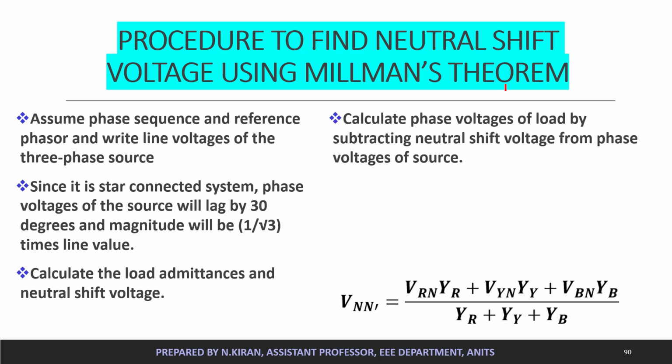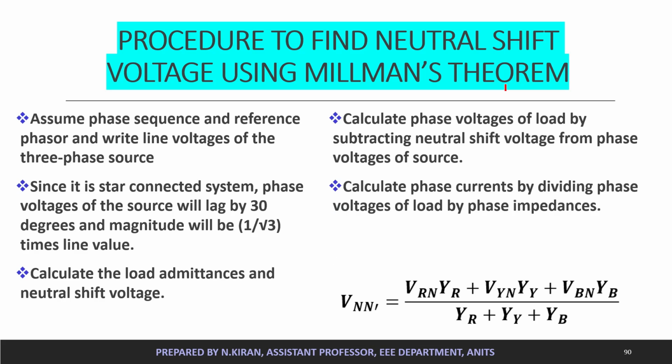Next, the phase voltage of the load can be calculated by subtracting this neutral shift voltage from the respective phase voltage of the source. Then we calculate the phase currents by dividing the phase voltage of the load by the phase impedances.